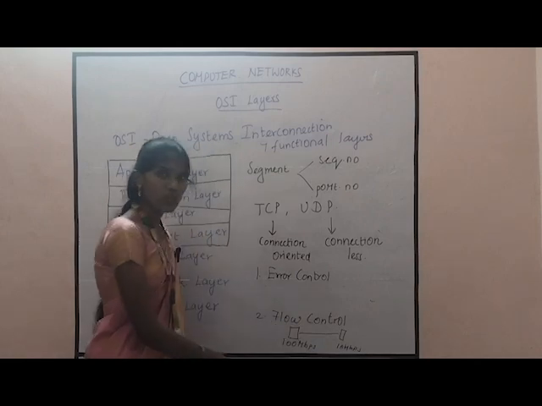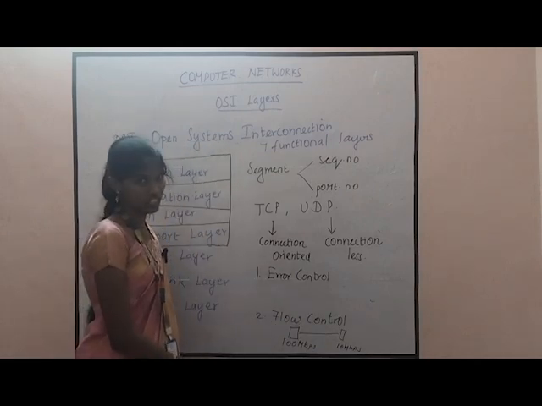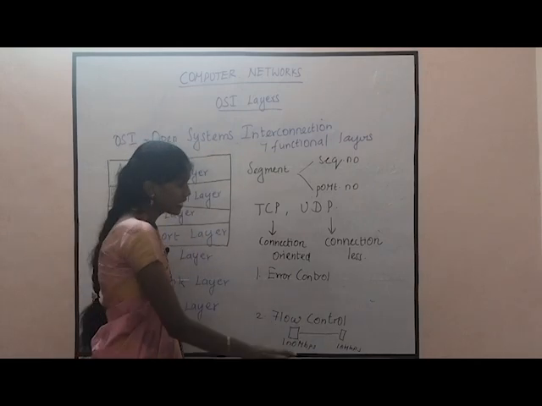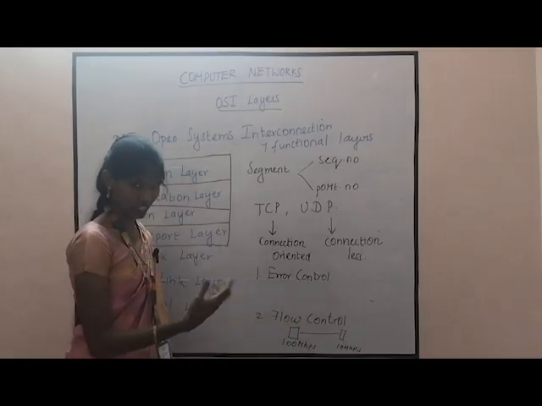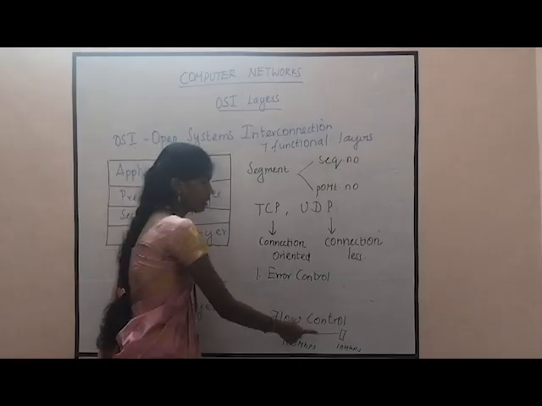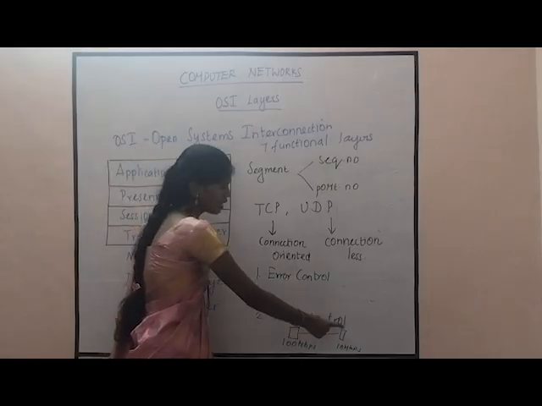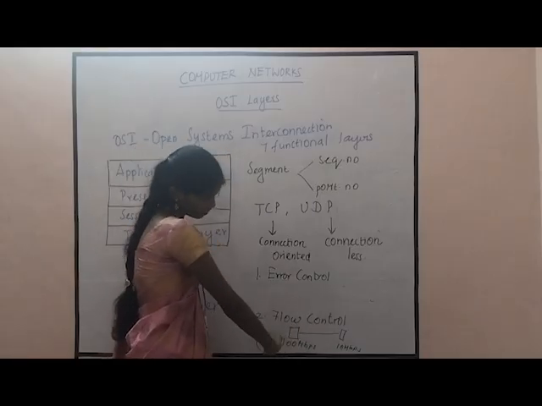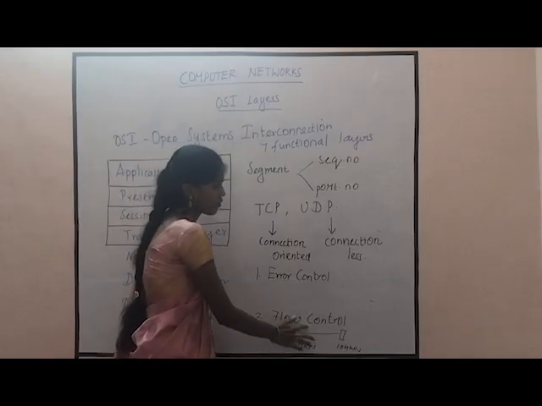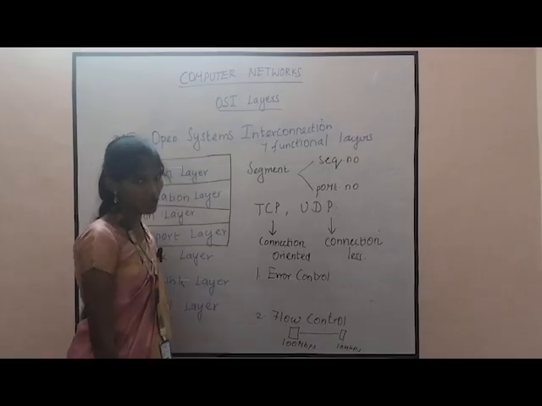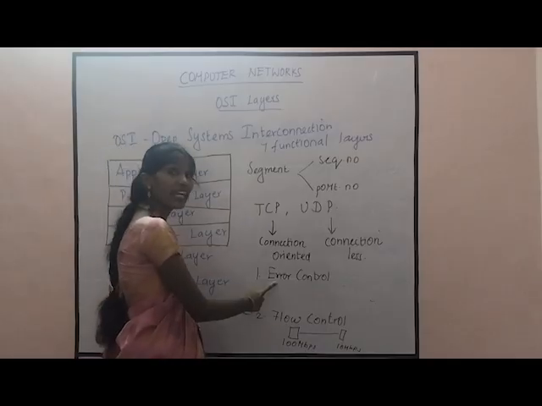So in this scenario, obviously you will get congestion and collision, and these will make your segments damaged or lost. So there should be a mechanism to get it sent in a proper way. That mechanism comes under the name flow control.